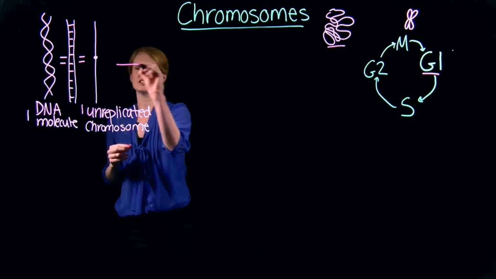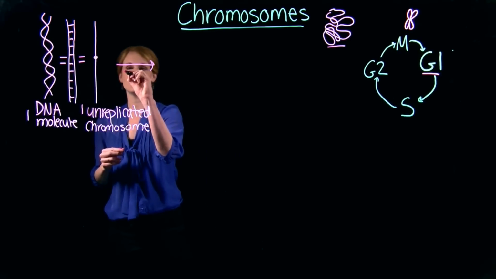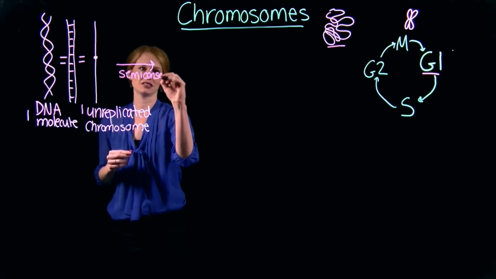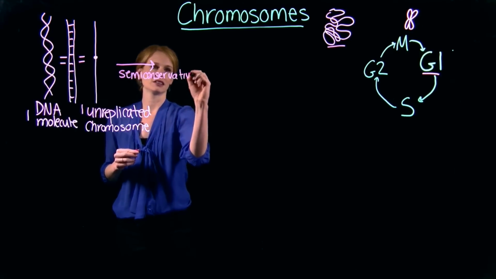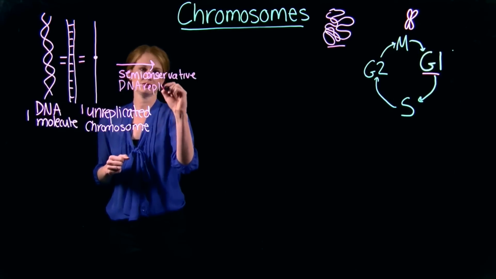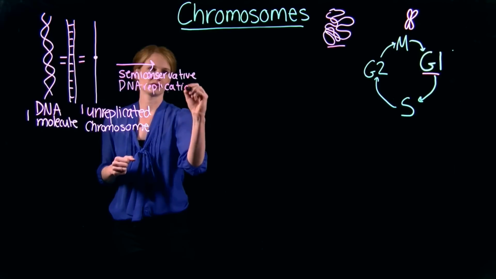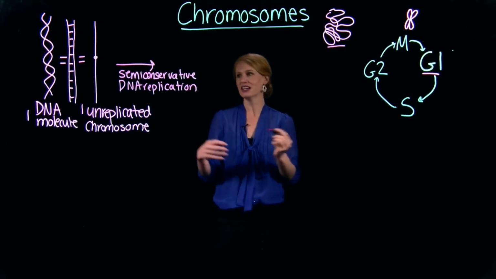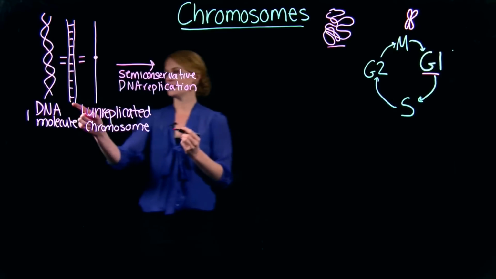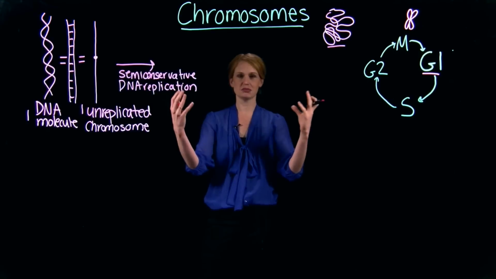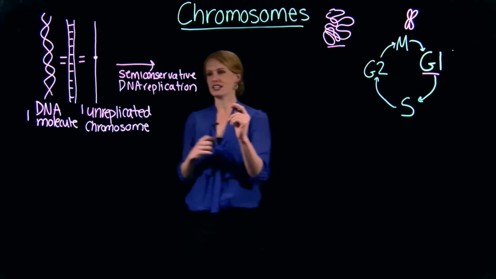Now during S phase of the cell cycle, DNA replication happens, and specifically semi-conservative DNA replication. And this is this replication bubble that you know and love, where the two individual strands of DNA separate from each other, and each is used as template to make a new DNA strand.